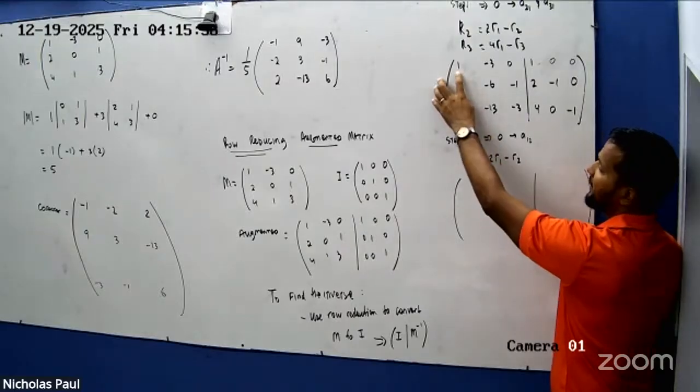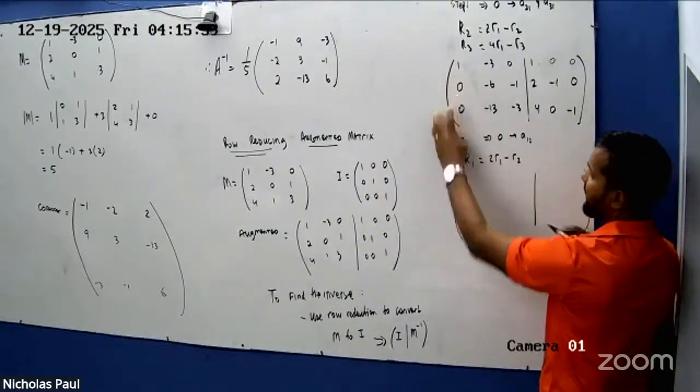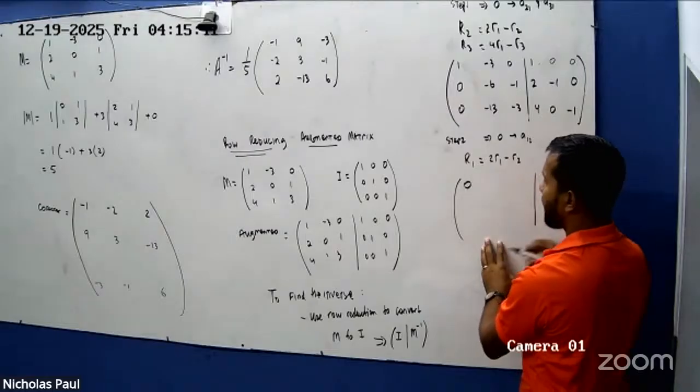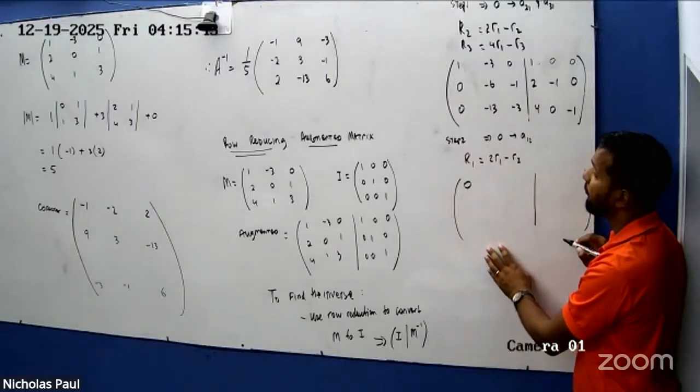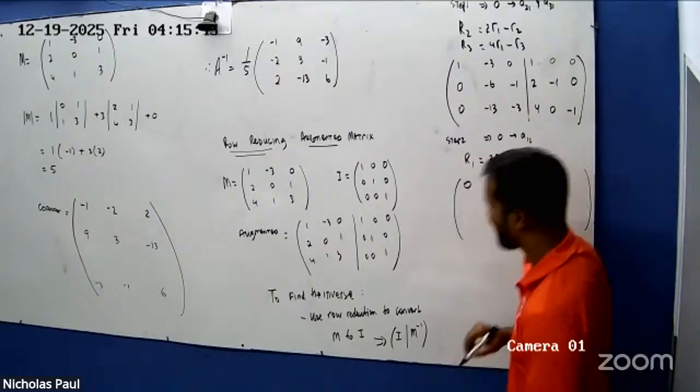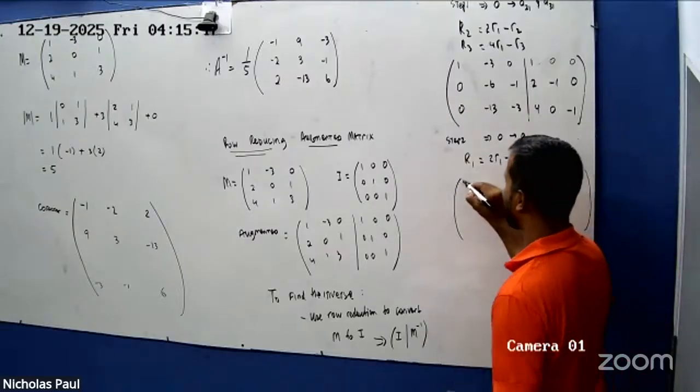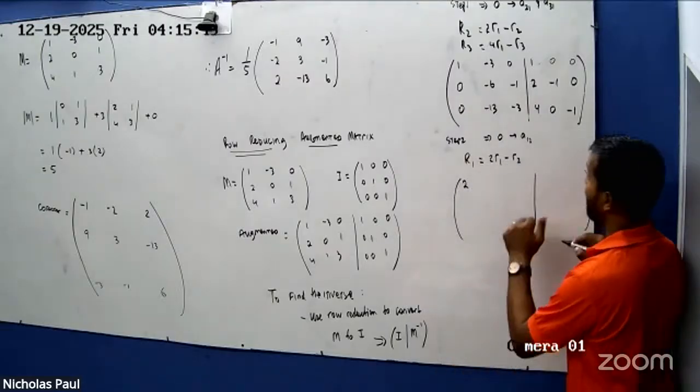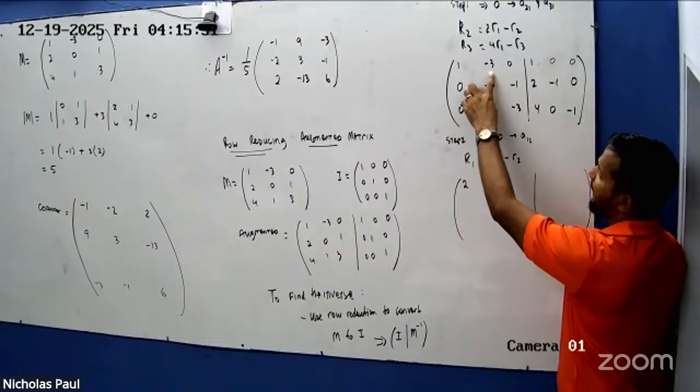2 by this is 2 minus this is 0. 2 by this is minus 6.